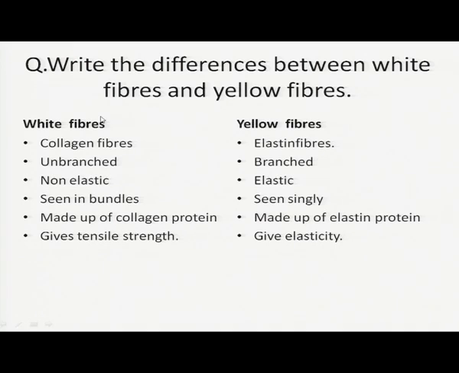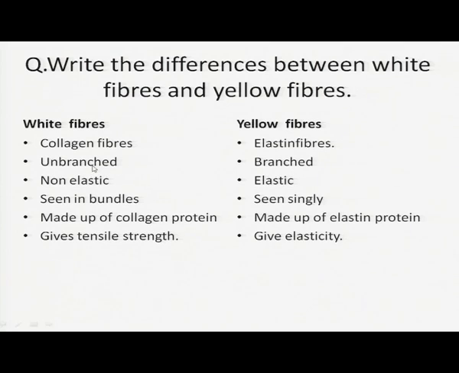Now, another question was, write the differences between white fibers and yellow fibers, a very important concept. You can verify your answer. Regarding the white fibers, see the characters. White fibers are known as collagen fibers.